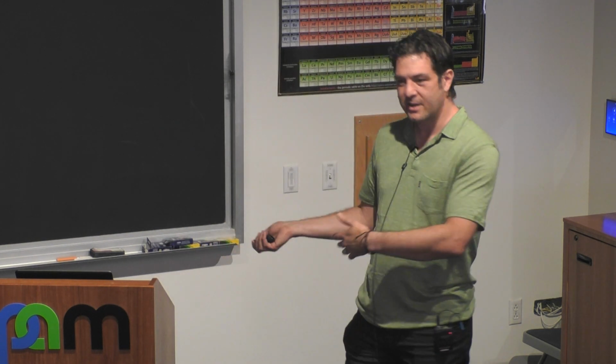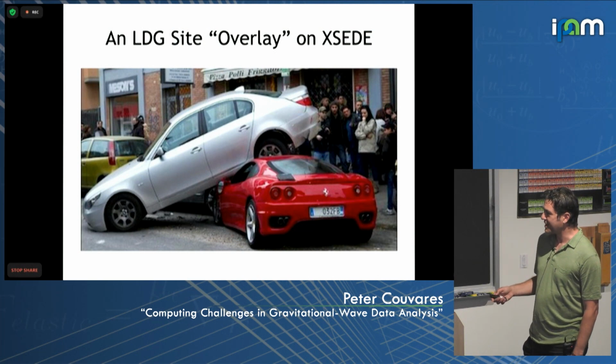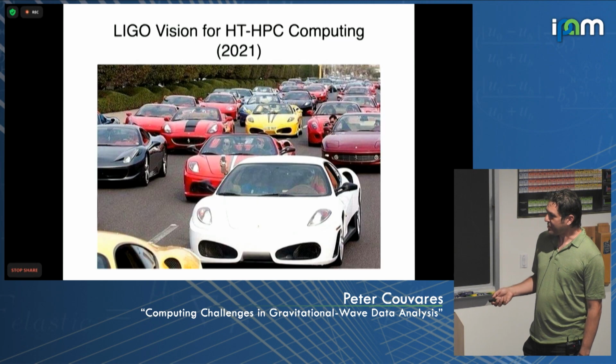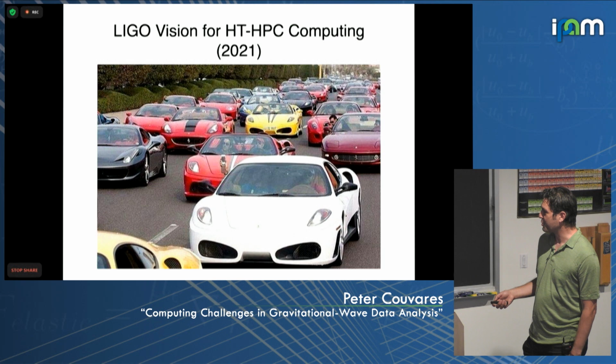We want you to use those for your peak demand. We're not going to give you another $1 million to build a bigger cluster. And likewise said to the computing centers, why aren't you helping LIGO do their science? And so we tried to figure out how to stick a Yugo on top of a Ferrari. And we ended up compromising on a fleet of Porsches.